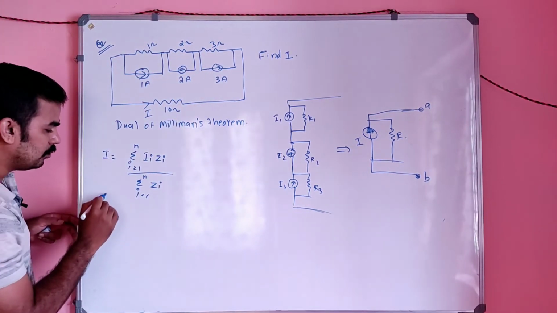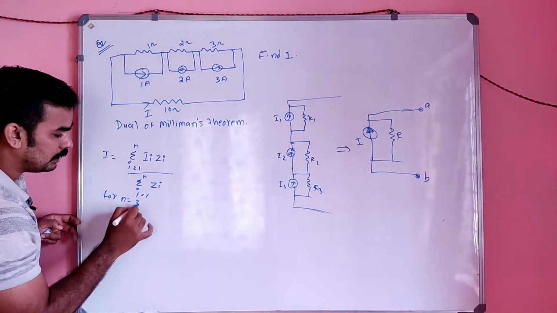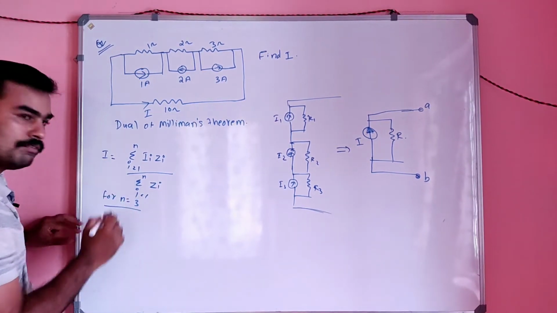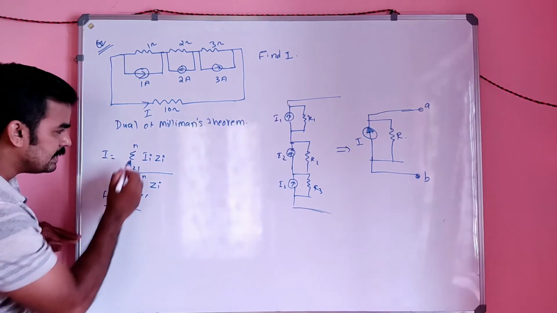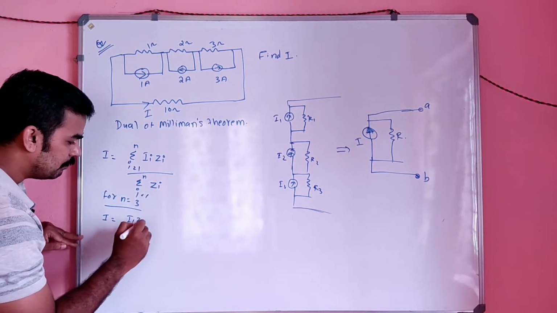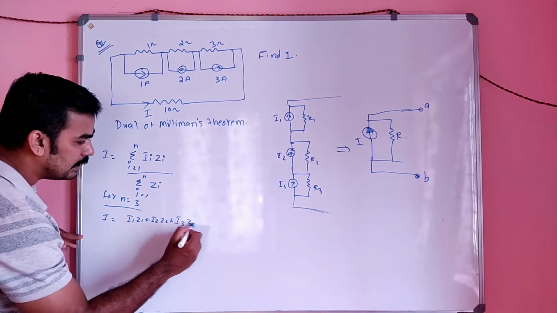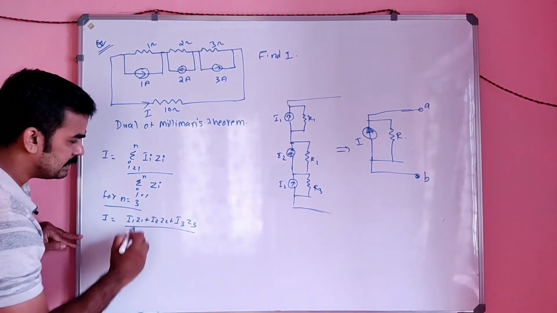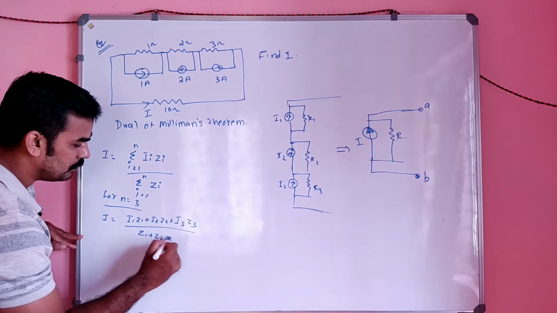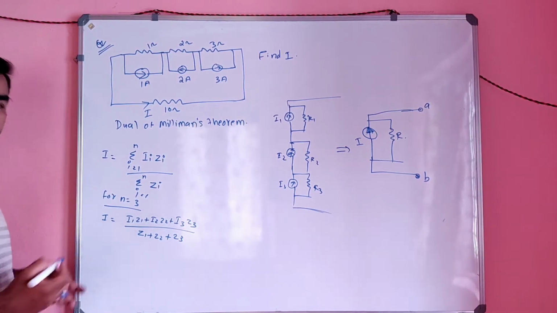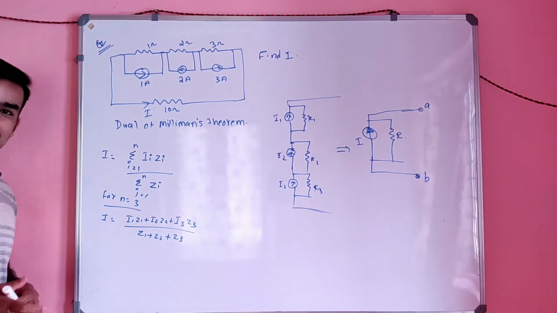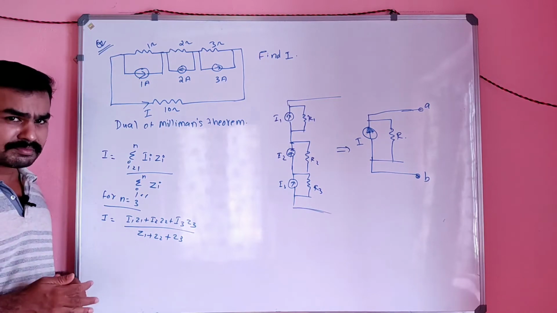For n equal to 3, what will the current value be? I is equal to I1 Z1 plus I2 Z2 plus I3 Z3, whole divided by Z1 plus Z2 plus Z3. Is it clear?